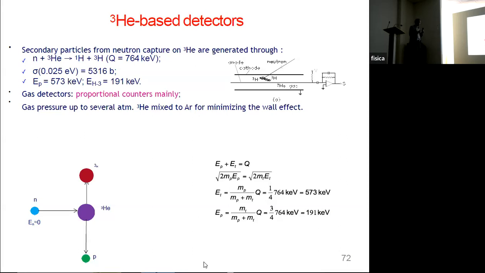These two particles move in opposite directions and lose their energy through ionization, creating electrons along the track. All these electrons, like in a typical counter, drift towards the anode and create an avalanche. This avalanche gives rise to an electric signal, which is processed and can be measured.